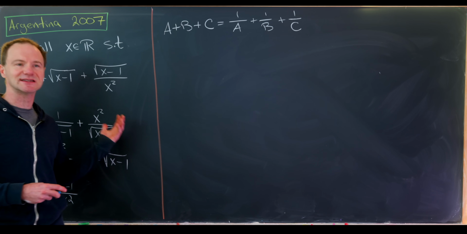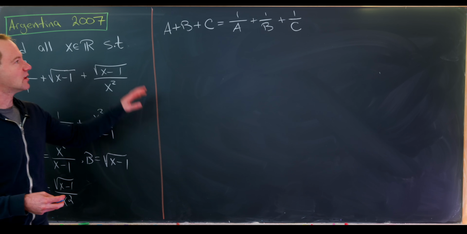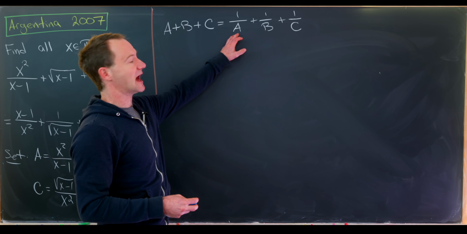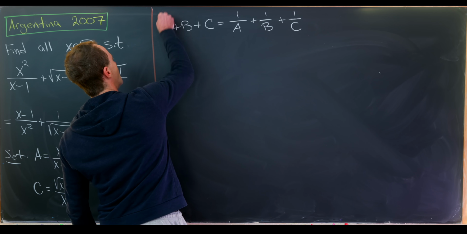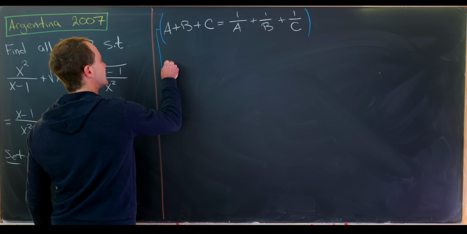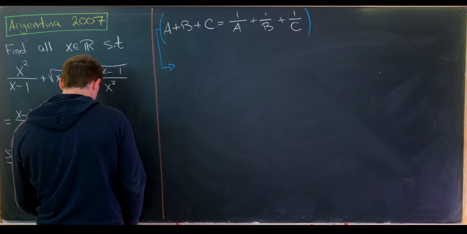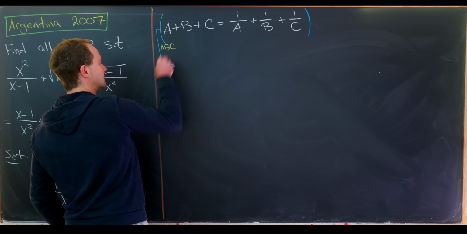And I'll not state it here just in case you want to think about it yourselves. So the logical thing to do now would be to clear the denominators. So we have something which is hopefully a little bit simpler to work with. So let's clear the denominators here by multiplying everything by A times B times C.